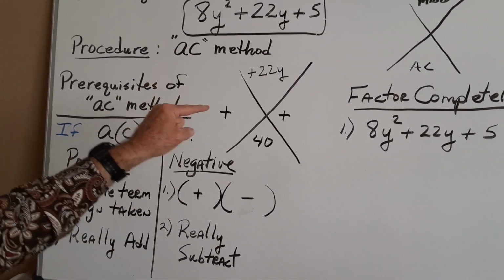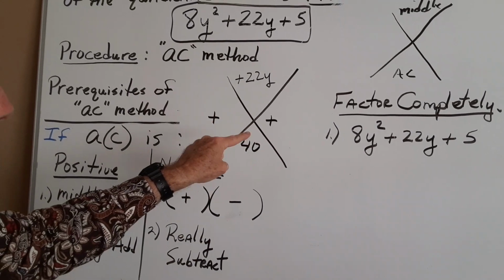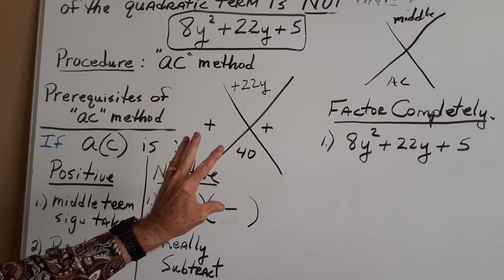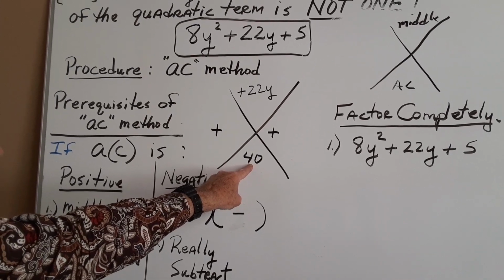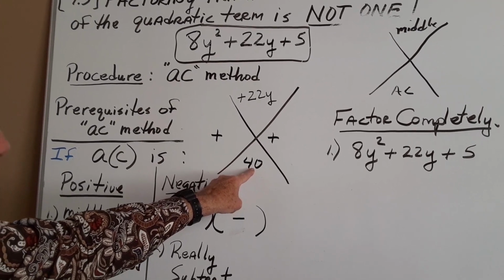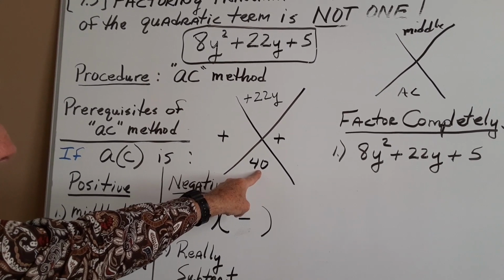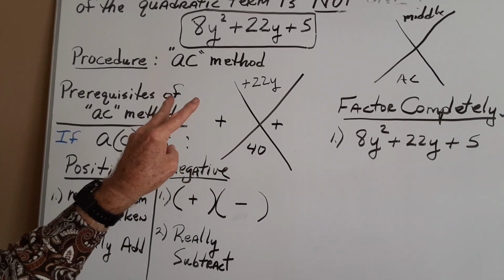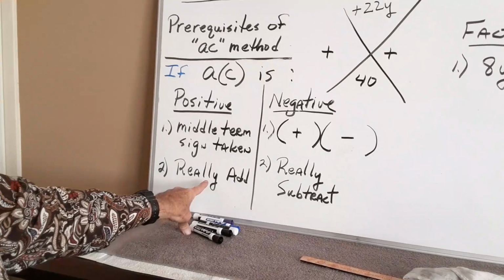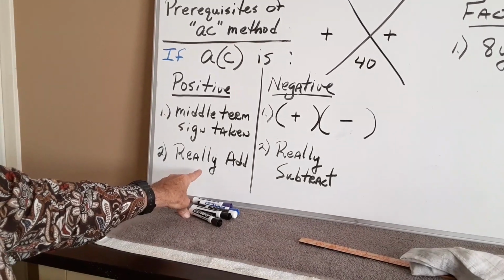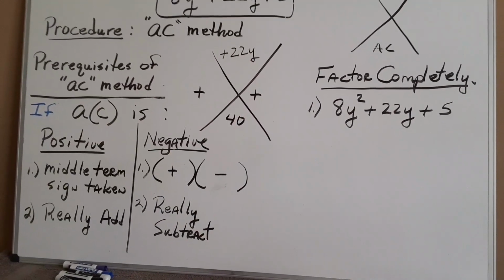And now we do this to get our terms. We need to identify 2 factors of your AC number, 2 numbers that multiply together and equal 40. And those same 2 numbers, when really added together, give us 22.